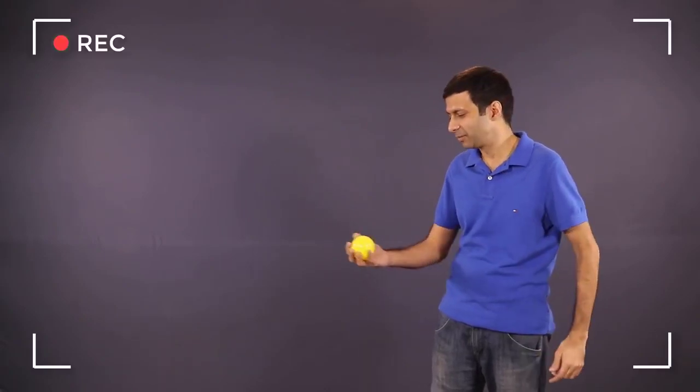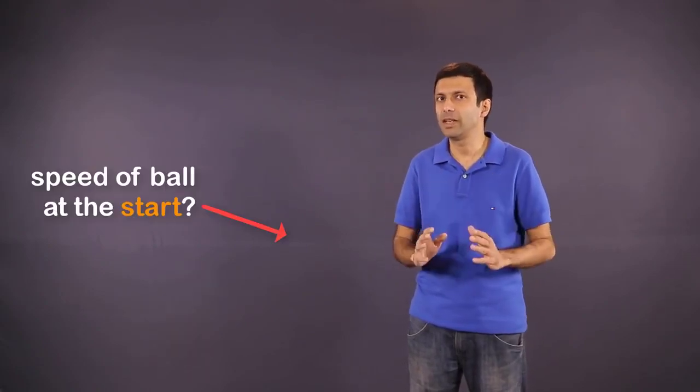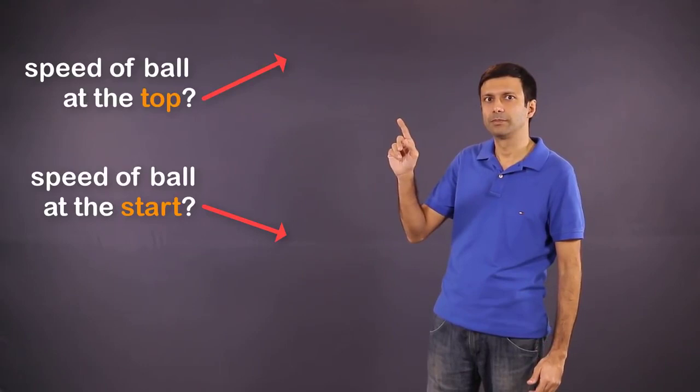And once again, my friend here will record it in slow motion so that we can watch it in slow motion as well. So are you ready? Let's start then. Now let's watch the slow motion replay. And you watch carefully and tell me what do you think is the speed at the start here and then at the top.